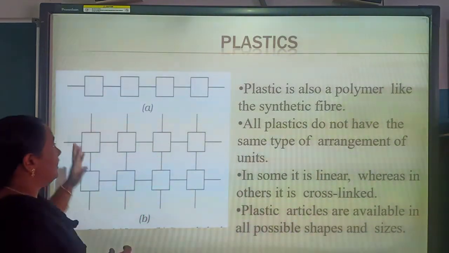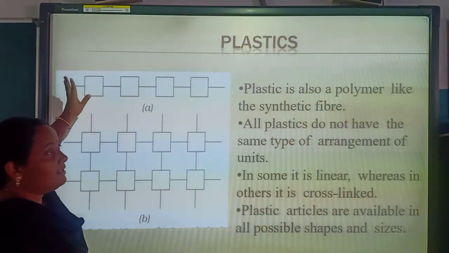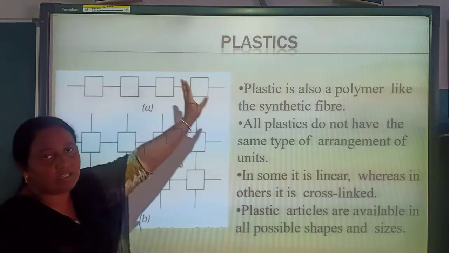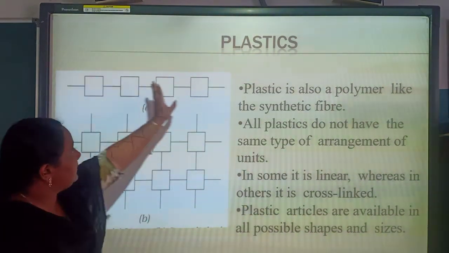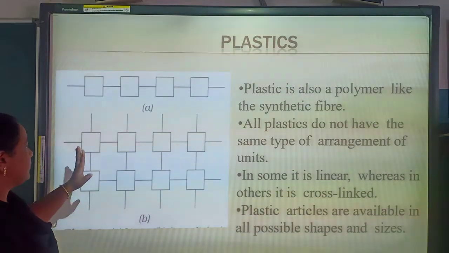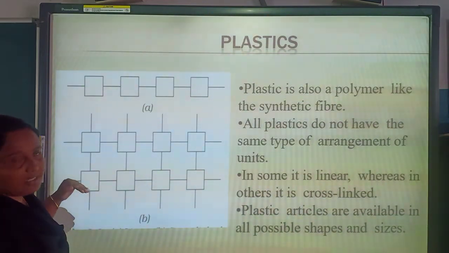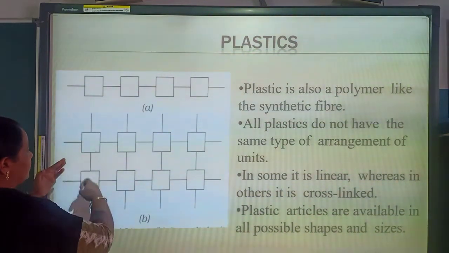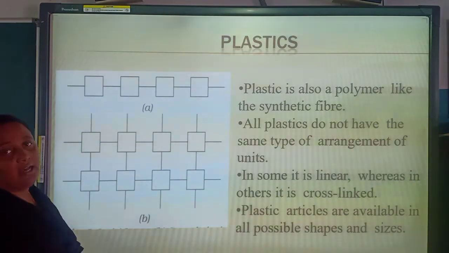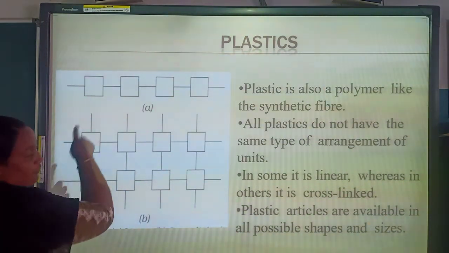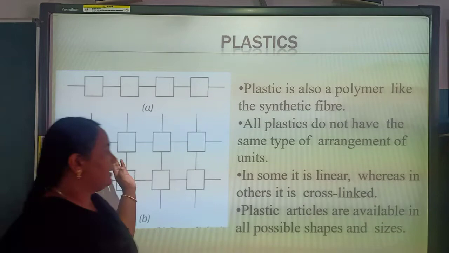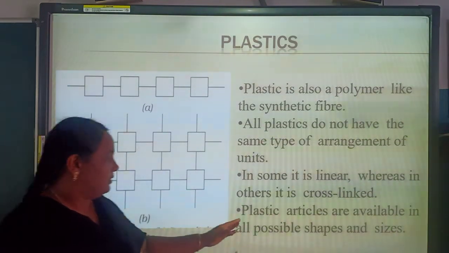Here, if it is a unit, then it is connected in a linear motion; this is linear plastic. And this one is connected crossly, that means each unit is connected with other units in 4 directions. That is the cross-linked polymer.